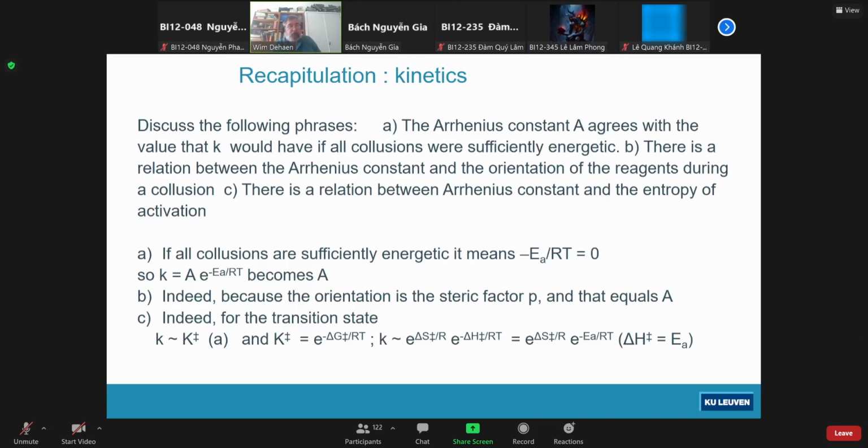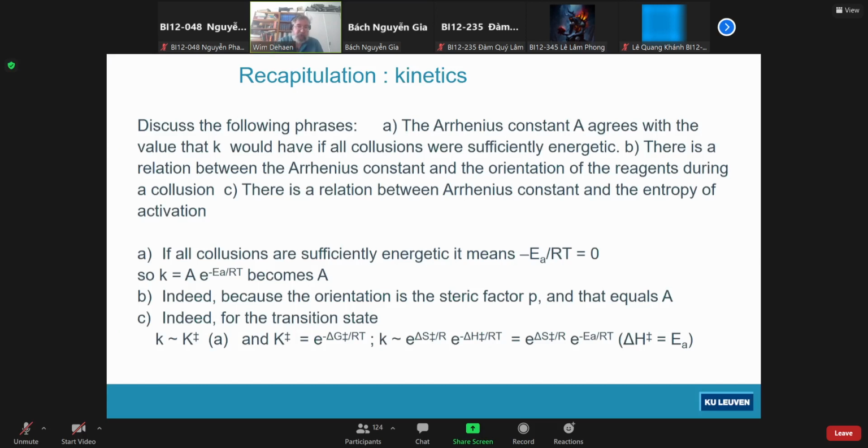So you could ask yourself, at which temperature are all collisions sufficiently energetic? This temperature has to be very high, or in fact, the temperature you could say is close to infinity. Of course, if T is close to infinity, the term activation energy divided by RT becomes 0.